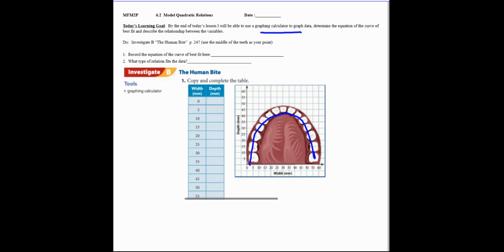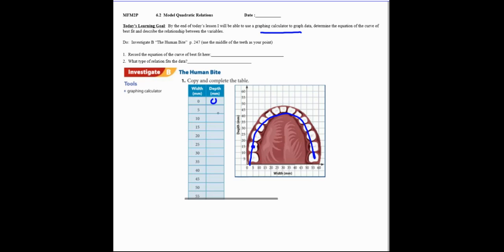At this point, it says to use the middle of the teeth as your point. At 0, we're not hitting any teeth, so we can put 0 in there. At 5, extend until we hit the middle of a tooth.